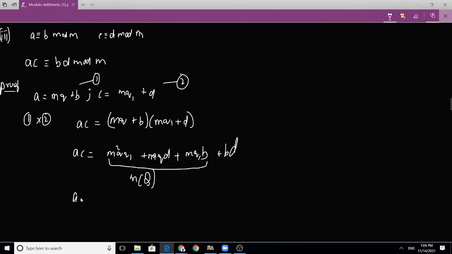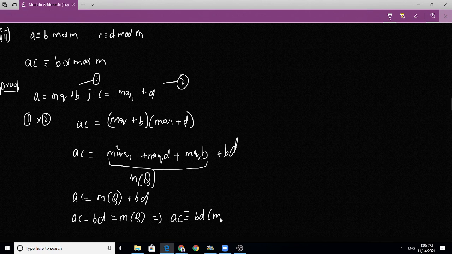So I get ac equals m into some capital Q plus bd, and I have ac minus bd equals m into some capital Q. From here, I can write ac congruent to bd mod m, and that's it.